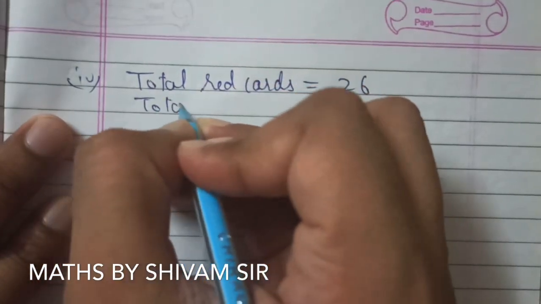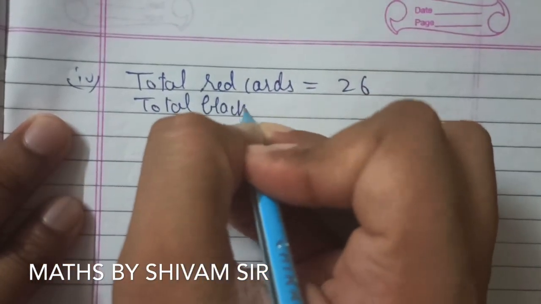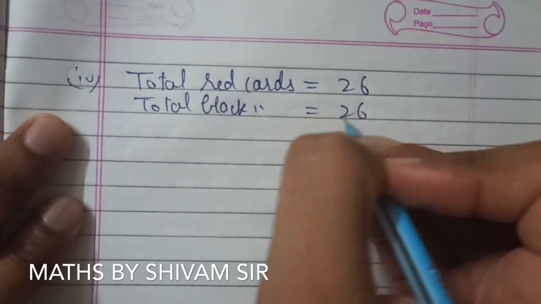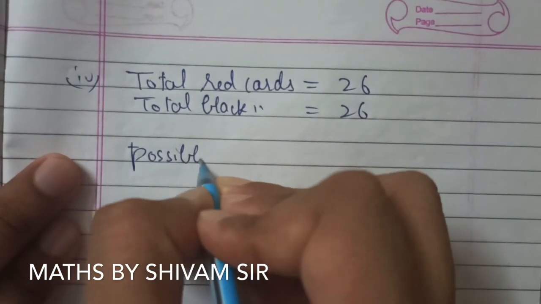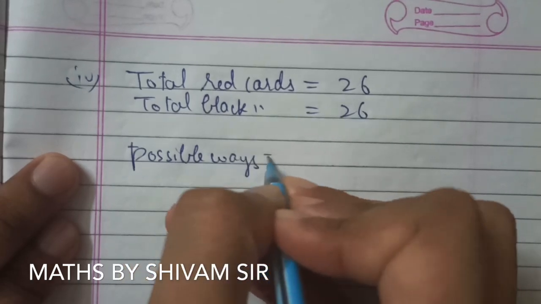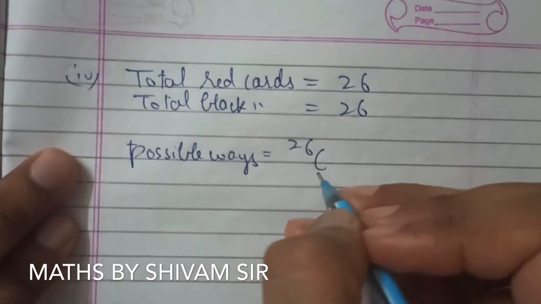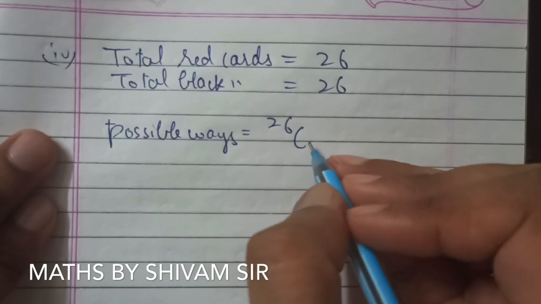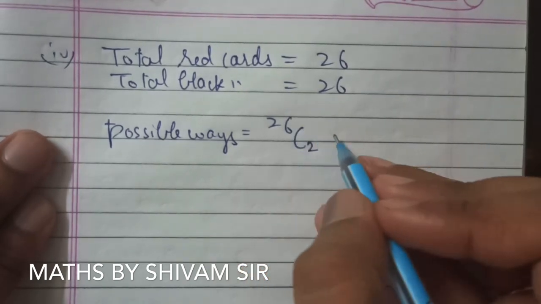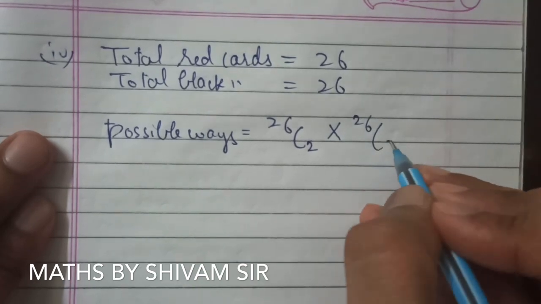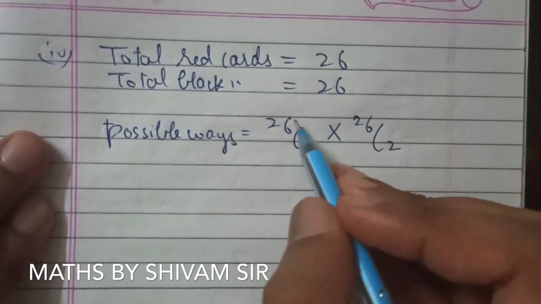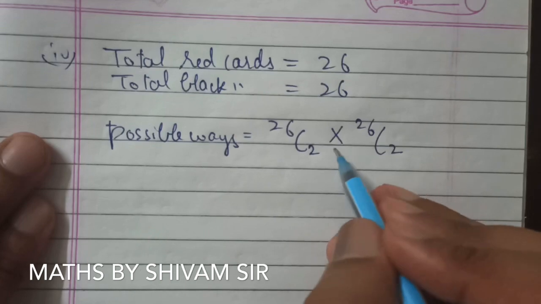Total black cards is equal to 26. So out of these 26 cards, possible ways. We want two cards from red cards, and means product, and 2 cards from black cards.